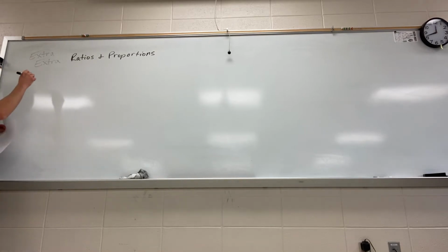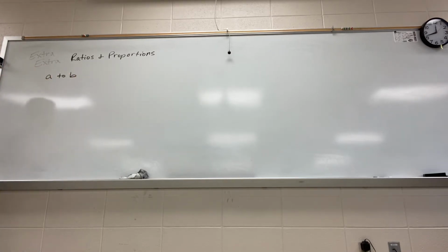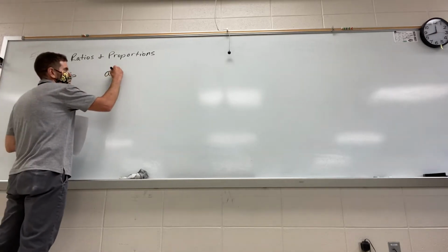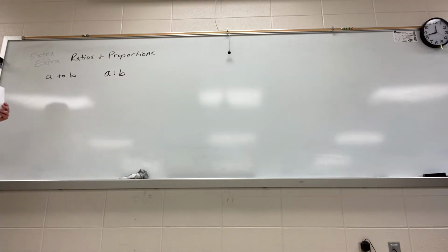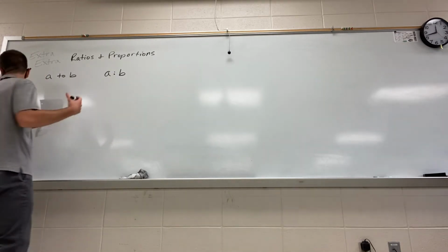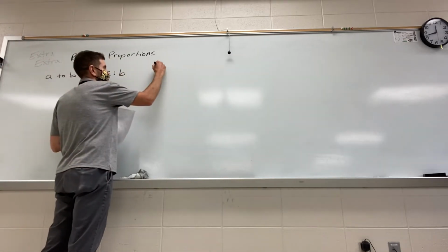One way to write a ratio is to not use division and just say A to B. You're comparing A to B. You can also write it using a colon. And finally, the way we mostly write it is with a fraction bar.